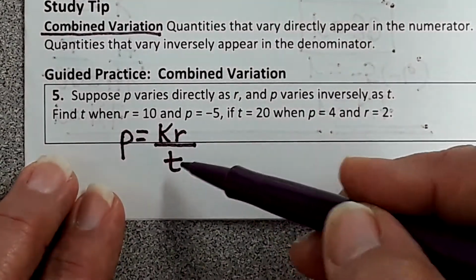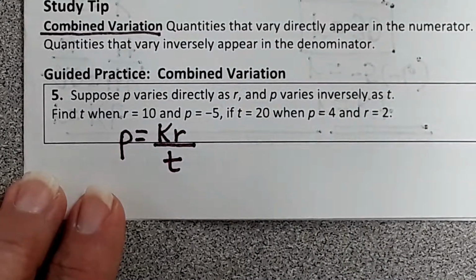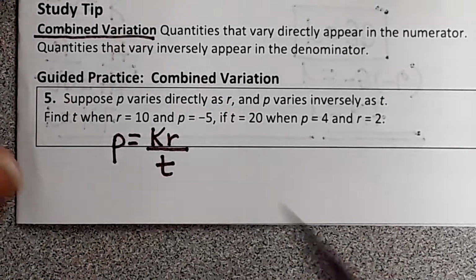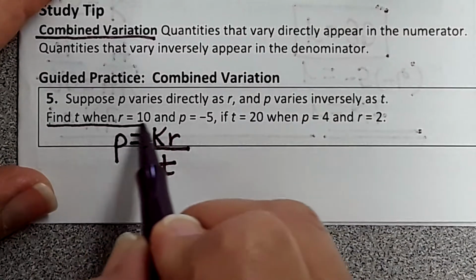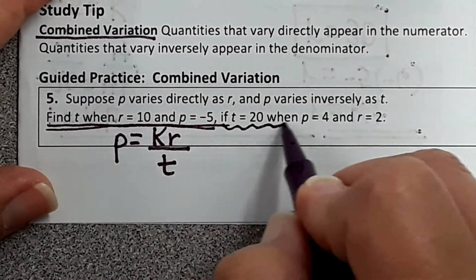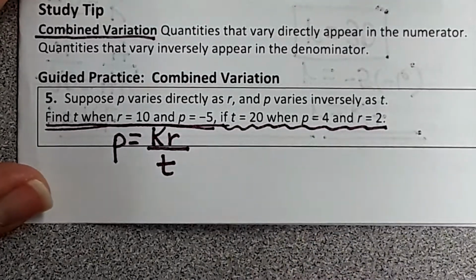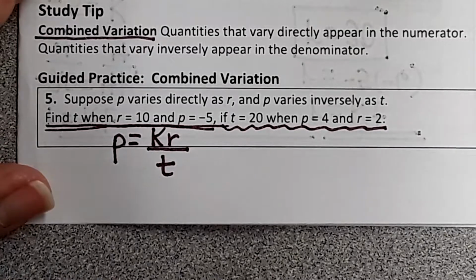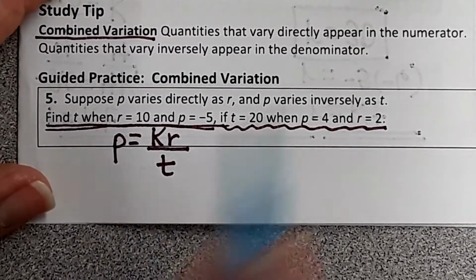That's a combination. Find t when r equals 10 and p equals -5. So that find part is what we're going to do second, okay? This one is what we're going to do first. So if t equals 20, when p equals 4 and r equals 2, we're going to find that.